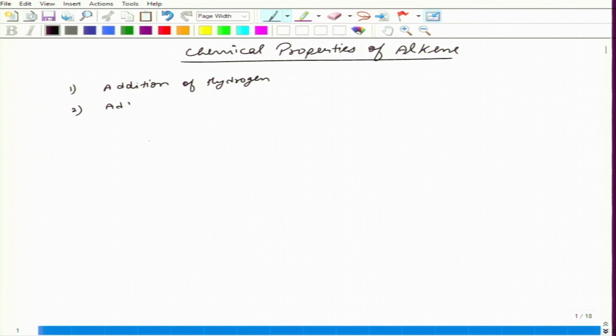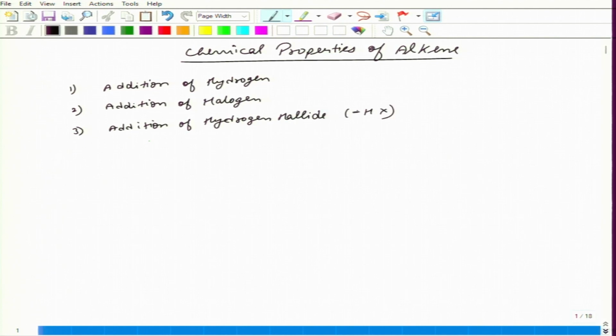Then the addition of halogen, that means halogenation reaction. And then, in the previous lecture, the addition of hydrogen halide, that is HX addition.